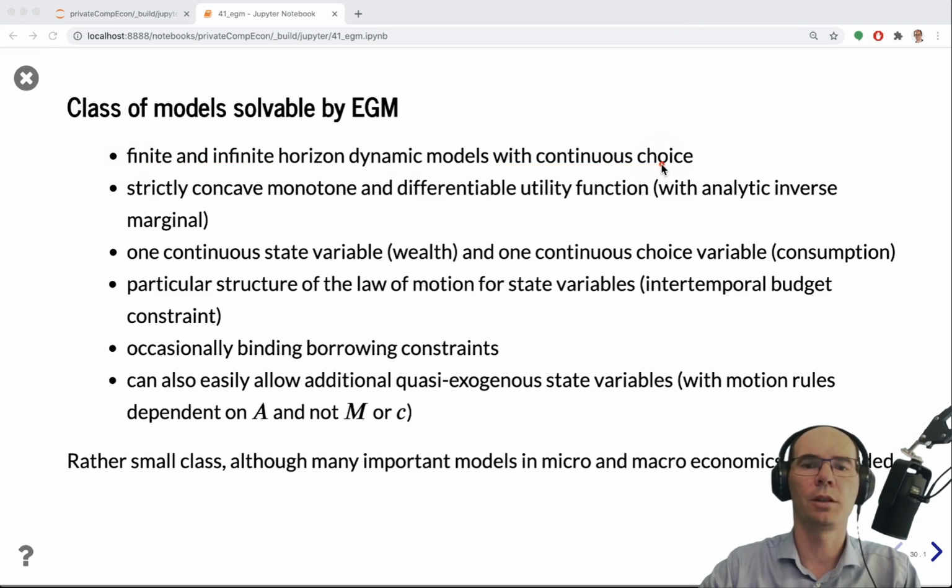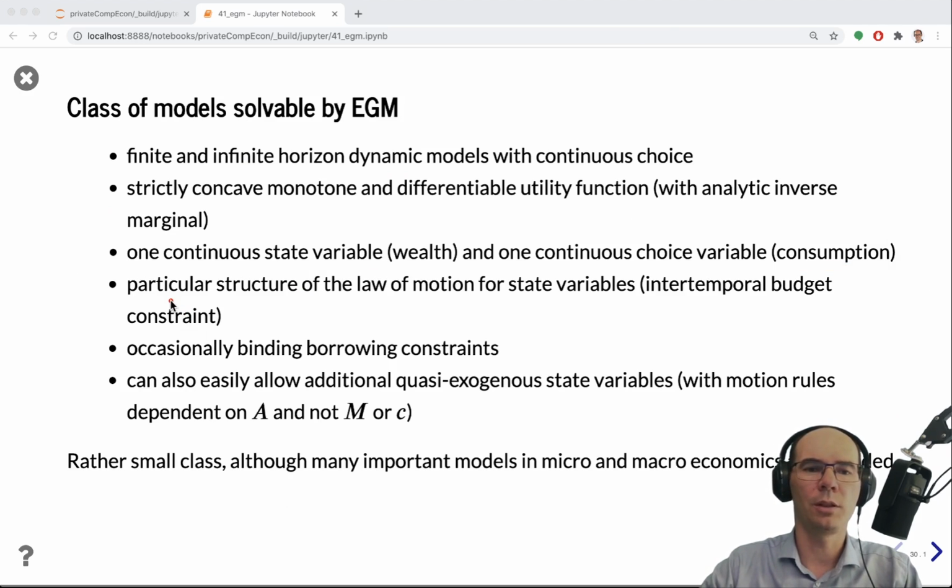So that we can have the Euler equation. We wanted a strictly monotone differentiable utility function to be able to take the inverse of its marginal utility, and we needed it to be concave so that the corner solution can be treated in a nice way. So far, we only had one continuous state variable, wealth, and one continuous choice variable, consumption. So that was a very simple, small problem.